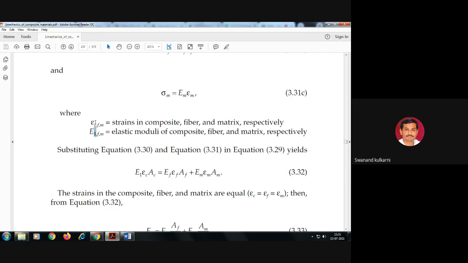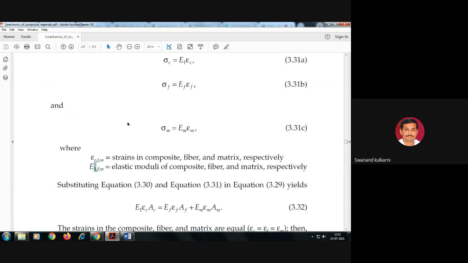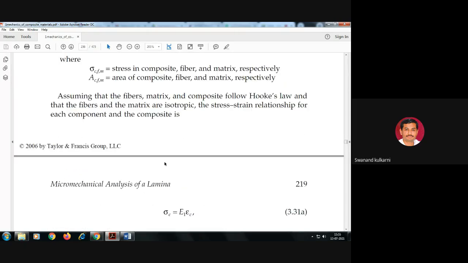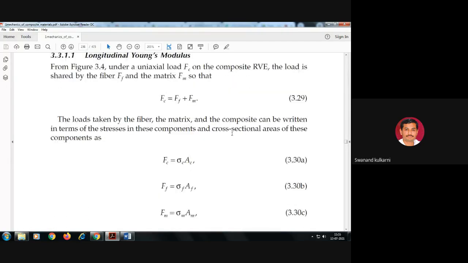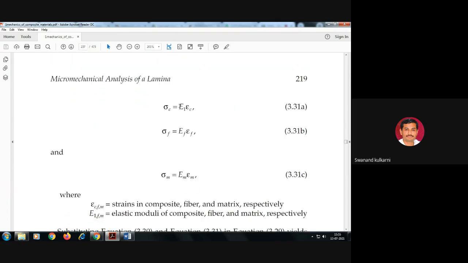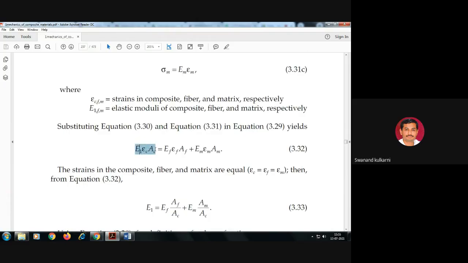Is it okay? Then by substituting all these equations in this stress equation, substituting equation 3.31 in equation 3.29. So Fc is sigma c into Ac, sigma f into Af, sigma m into Am, and alternatively sigma c is nothing but E1 epsilon c. So substituting here, E1 epsilon c Ac is equal to Ef epsilon f Af plus Em epsilon m Am.